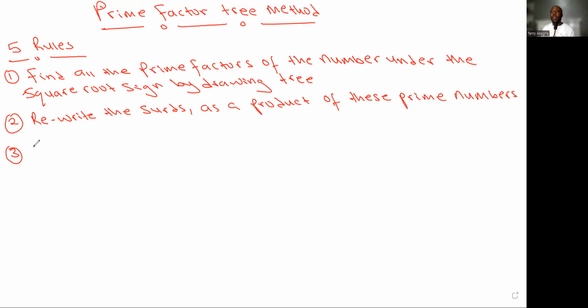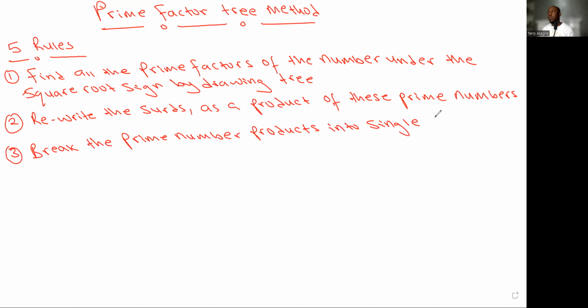So you have to break the prime number product into single surds by applying the laws of surds, which is actually the product law of surds.